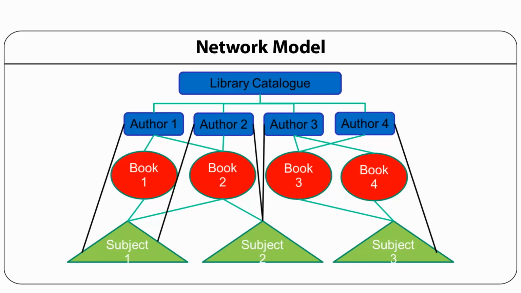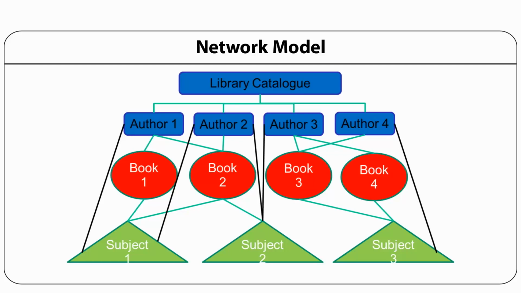Similarly, each book belongs to a particular subject. It is not necessary that a book belongs to only one subject; a book can belong to more than one subject. Not only that, the authors also belong to particular subjects, and as in the case of books, more than one author can belong to more than one subject. So this structure creates a kind of network, and that is why it is called the network model.